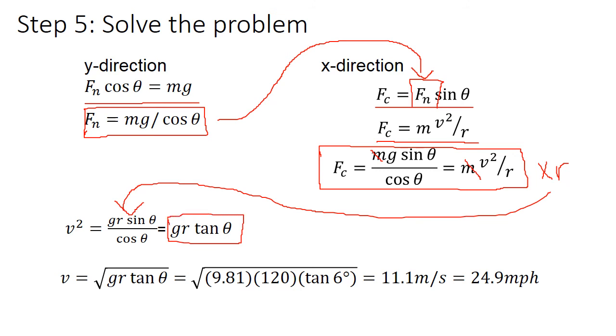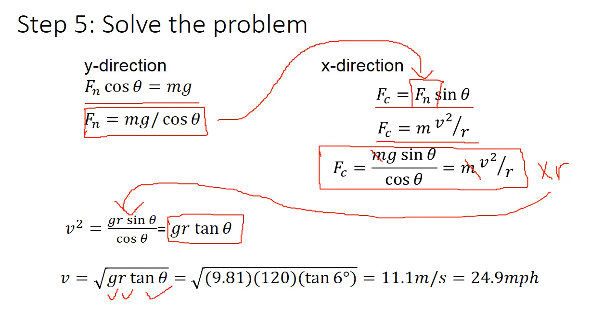Now if we were to take the square root of both sides to isolate velocity, we would get v equals the square root of g times r times tan theta. Now, you know the value of g, you know the value of r, you know the value of theta, and therefore you know the value of tan theta.